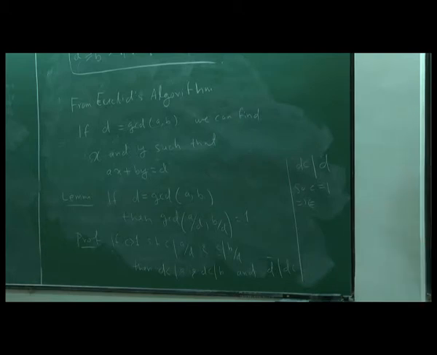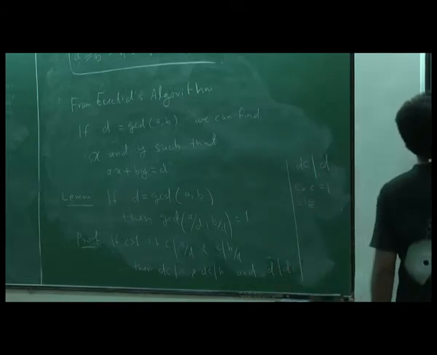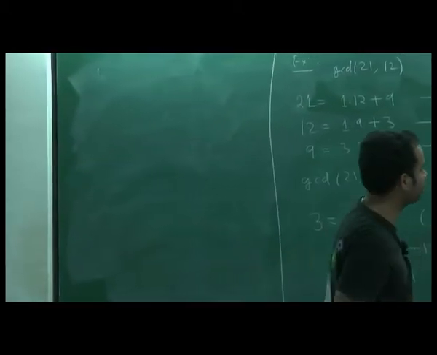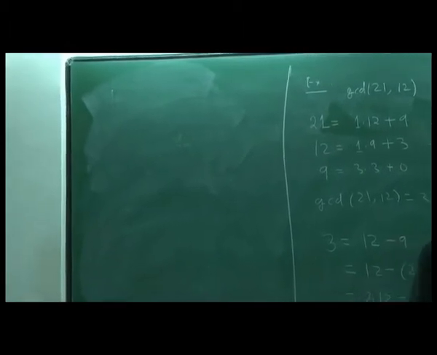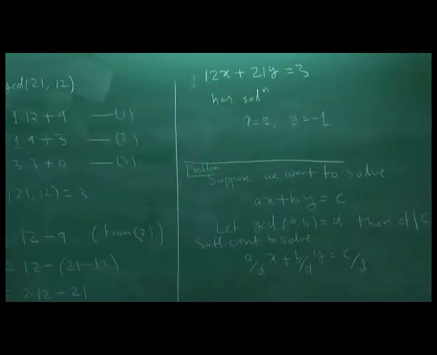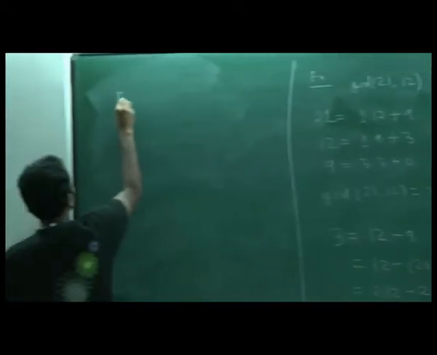Okay. So now what is the GCD of A by D and B by D? 1. Okay. So the equation we have to solve.